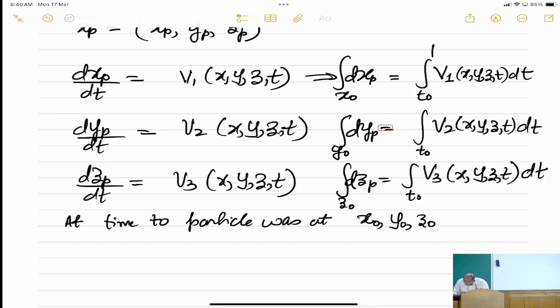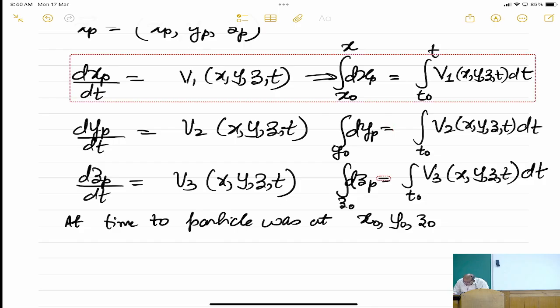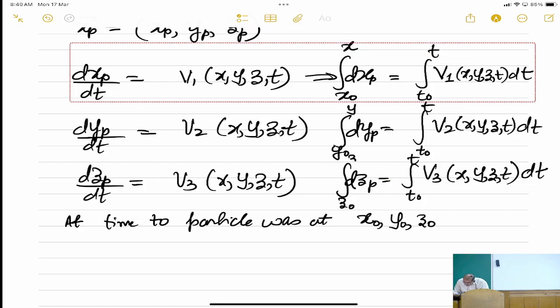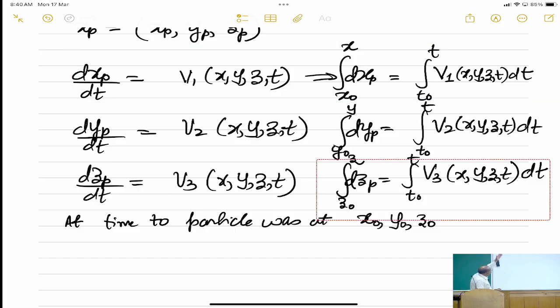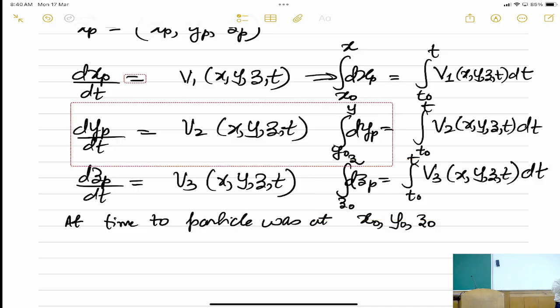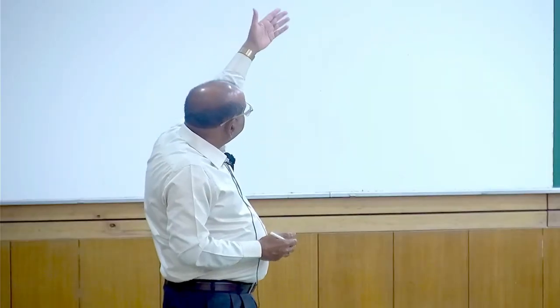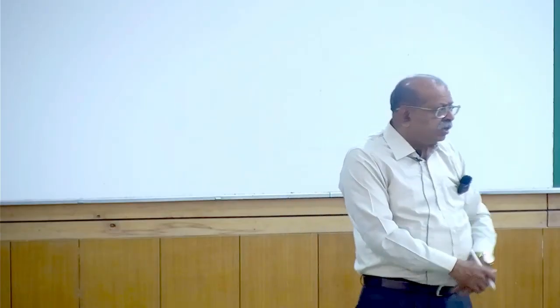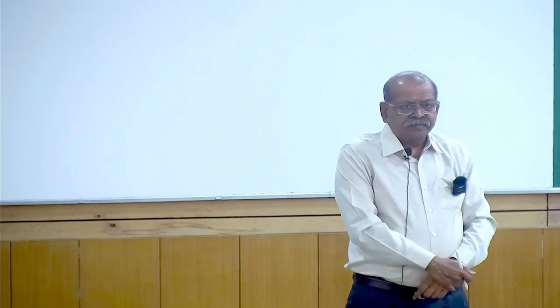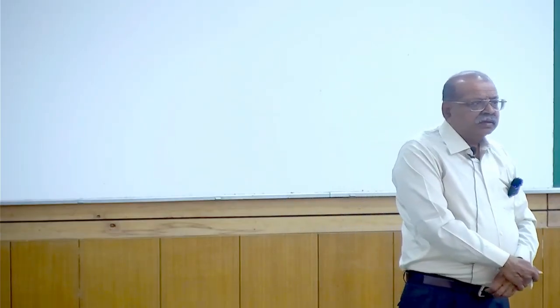And we want to find x at time t, y at time t, and z at time t. So if I know the velocity field and if I know which particle I am talking of, I can integrate like this and get x, y, and z as functions of time. And that will give me the path. Okay? Is that clear?